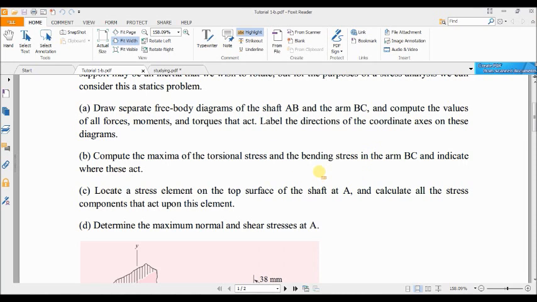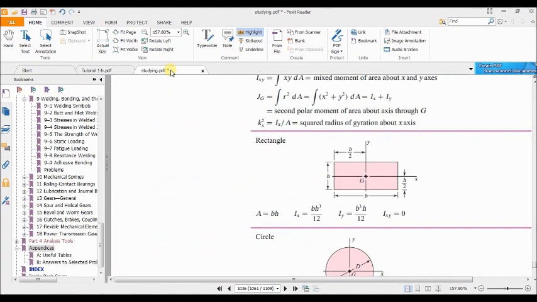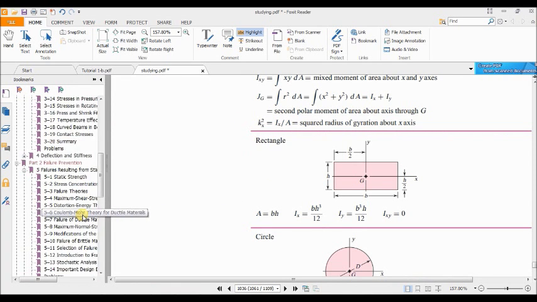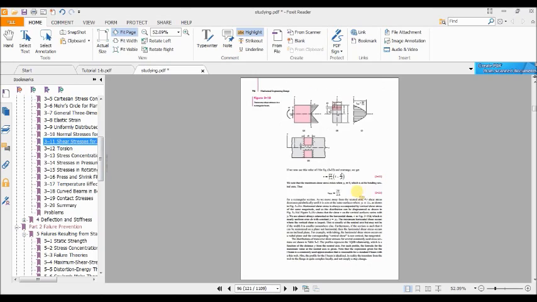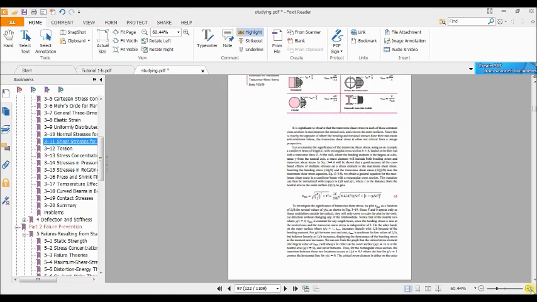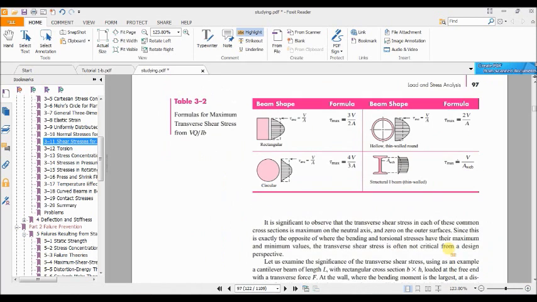It didn't ask you to find the shear stress due to the bending, but you can find that in chapter 3, section 3.11, shear stress for beams in bending. If you refer to table 3.2, we can see the distribution of shear stress due to the bending.